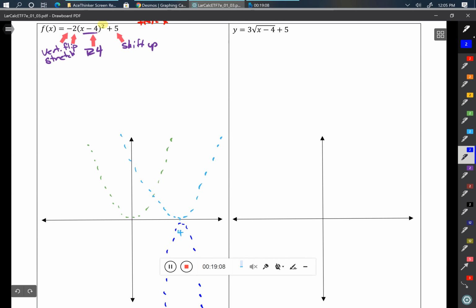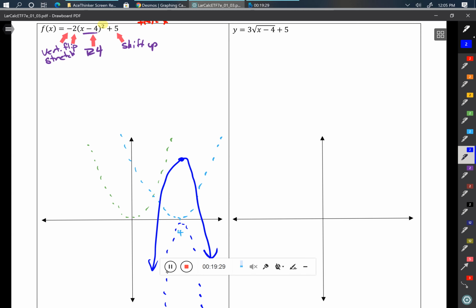And then it was shifted up 5. And so my final graph would be something like this. Now, I don't expect you to be able to graph these things perfectly, but you should be able to walk through what we just did right there. Where did it start? What happened to it? And where does it end up?